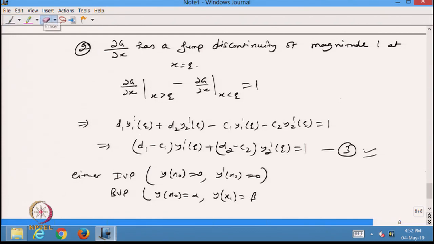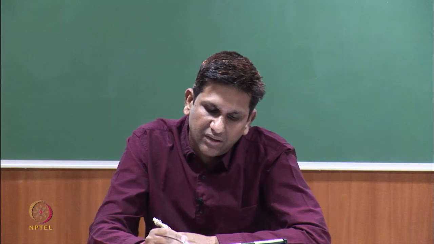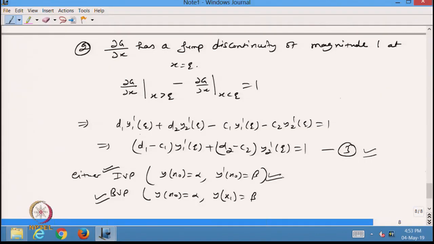This need not be 0 always, it can be non-zero also. So, this is my boundary value problem and this is my initial value problem. If I am solving the initial value problem and trying to find the Green function for it, then I will take the help of this one, and if I am solving the boundary value problem, then I will take the help of this one.